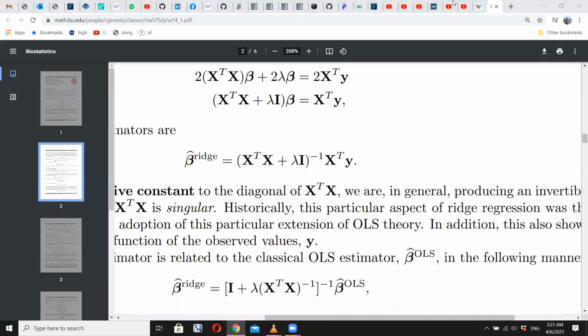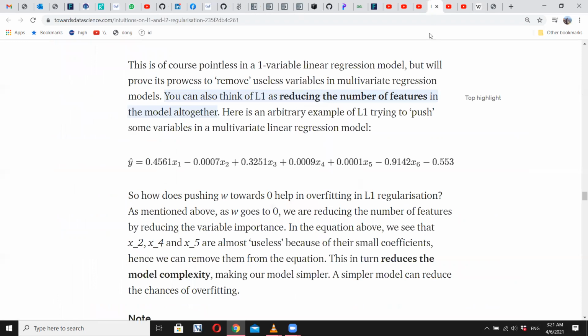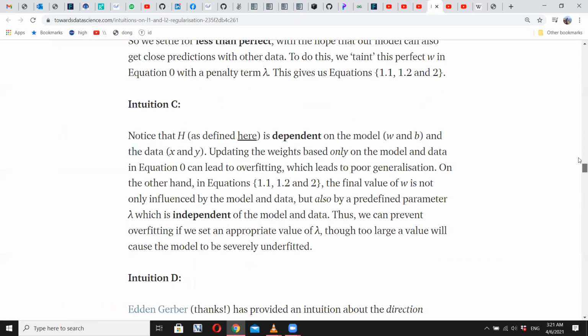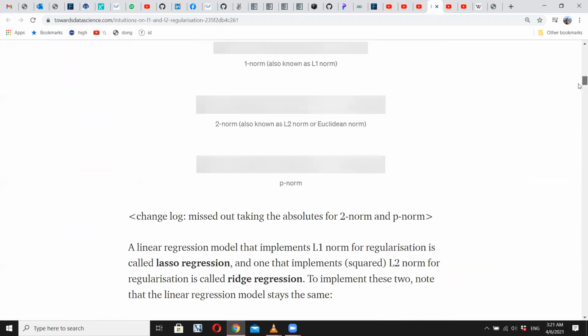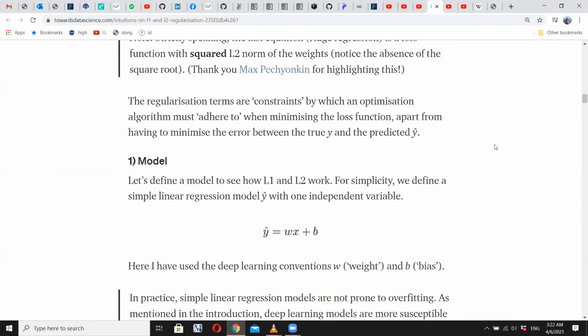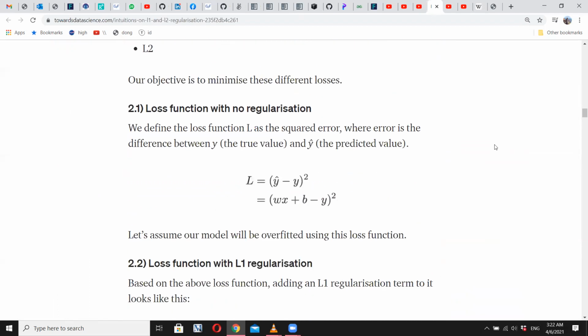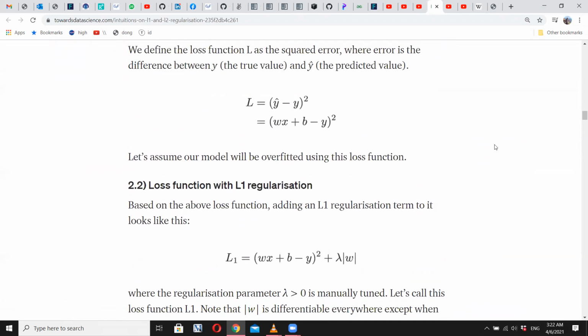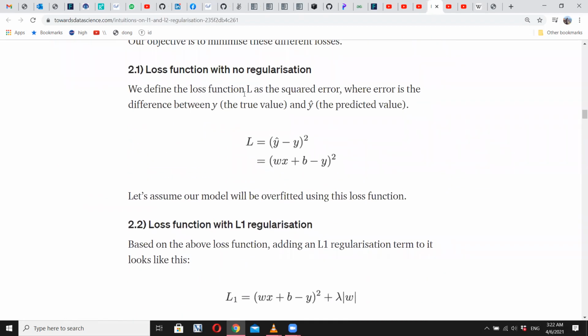But now let's discuss the ordinary least square solution of all of these. We have discussed that with no regularization, we have the simple linear regression model.